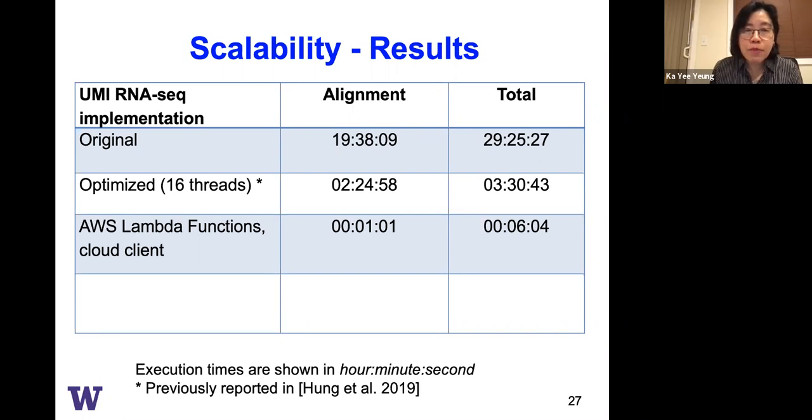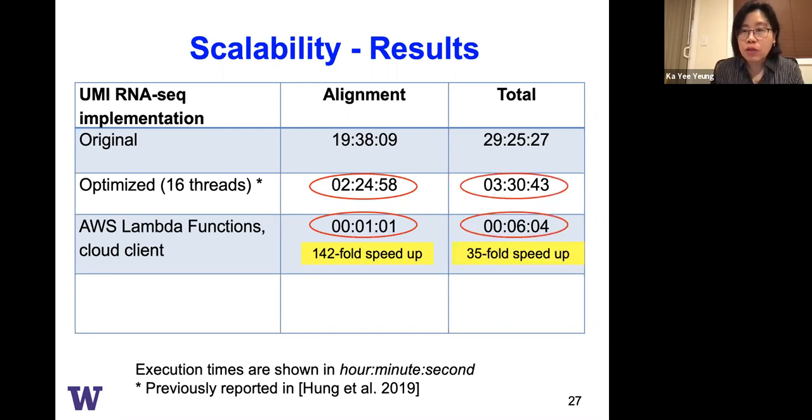In this work, if we use EC2 instances as a cloud client and use AWS Lambda functions, the whole workflow takes roughly 6 minutes, and the alignment step can be done in a little bit more than 1 minute. So this is a 142-fold speedup compared to our previous publication. And for the total workflow, it's a 35-fold speedup compared to our previous paper.